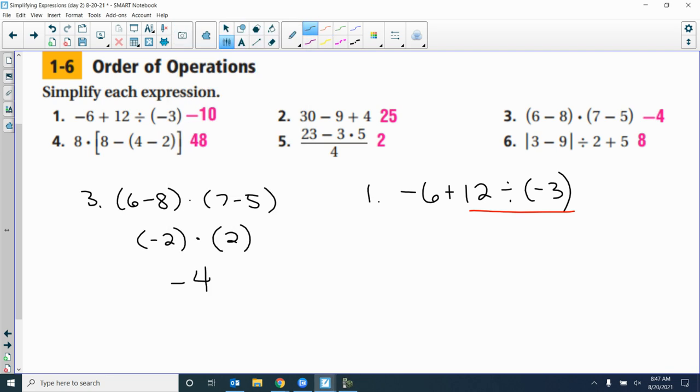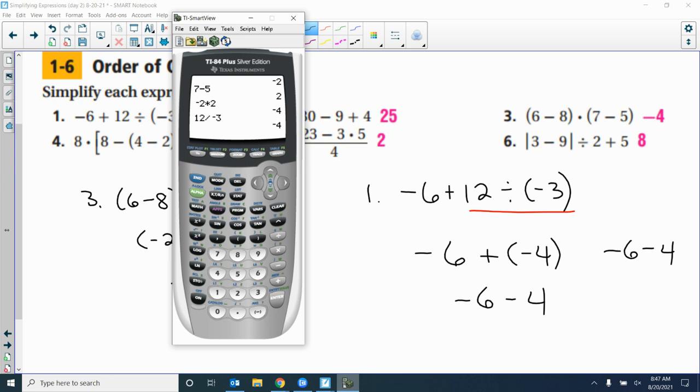Now, here's how I'm going to write that. I'm going to write that as -6 plus -4. Now, some of you might have written it differently. Did anybody do that? Okay, that would be equivalent. If you got a plus and a minus together, that can be rewritten as one sign. You can type that in your calculator either way. Those are equivalent.